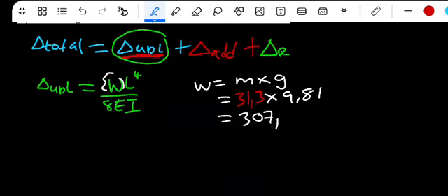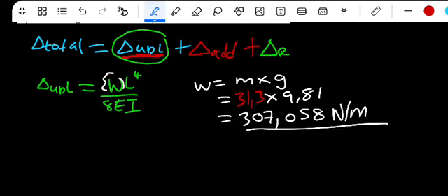Since you are rounding to 3 decimal digits, this will be 307.058. Obviously, we know that it will be in Newton per meter. Take note, it will be Newton per meter.